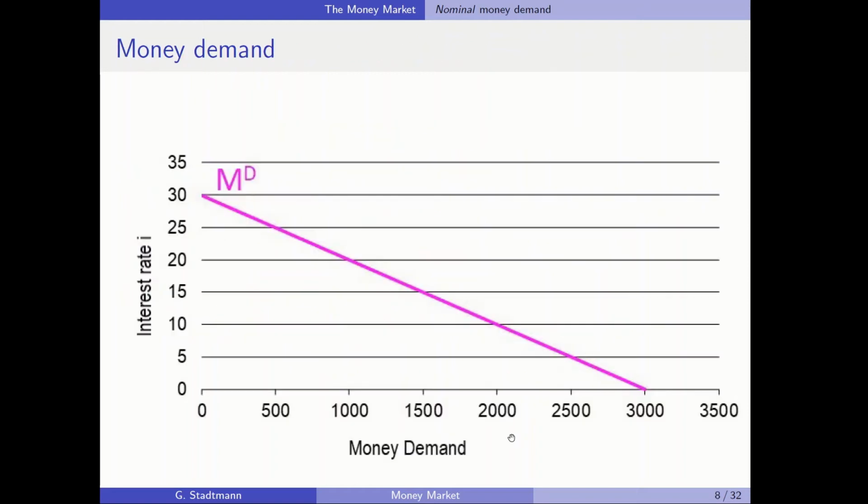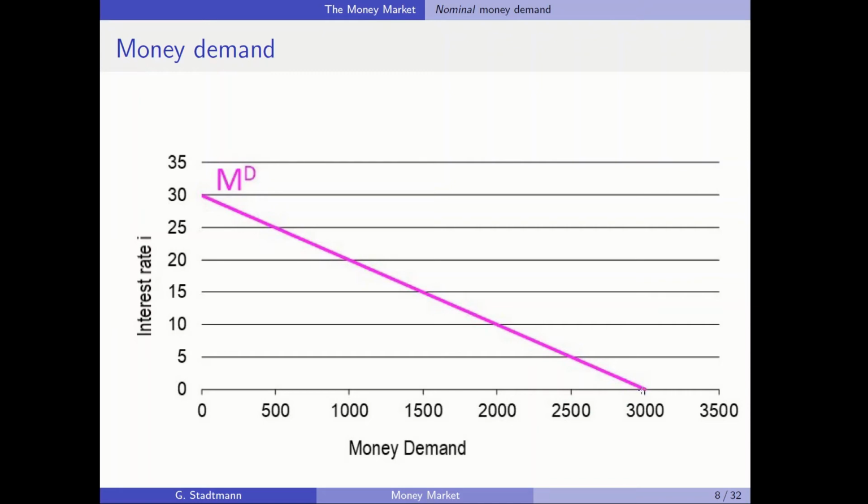And hence, this is displayed in this graph. So the intersection with the vertical axis takes place at the interest rate of 30%. So when the interest rate is 30%, the demand for money would be equal to 0. And what happens if the interest rate is 0? Then money demand would be equal to 3,000.